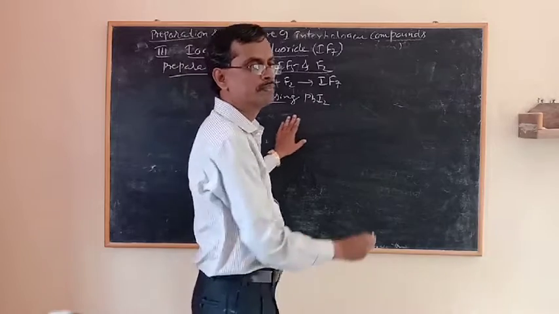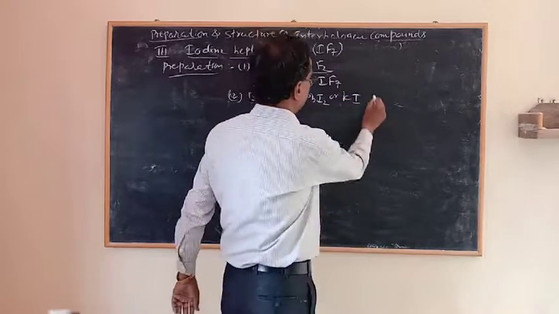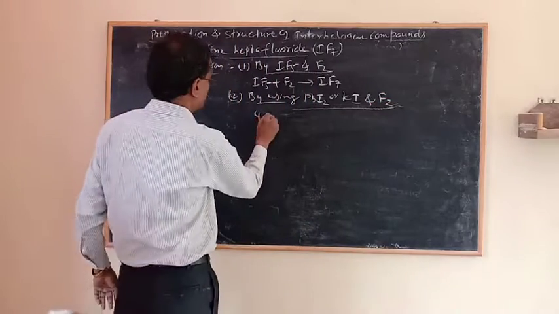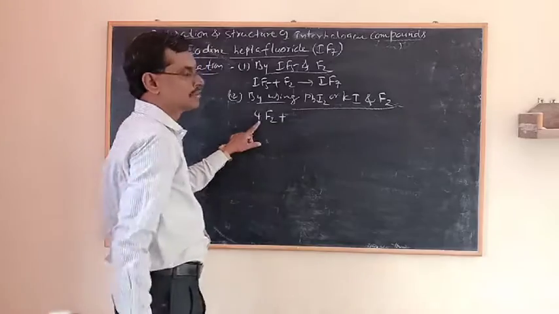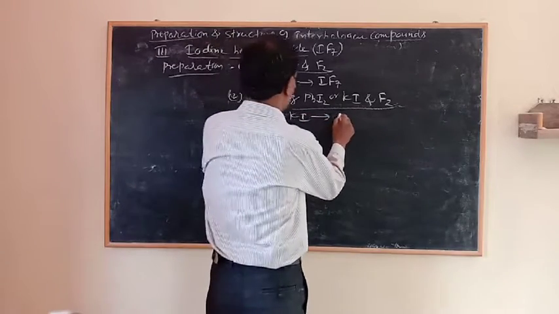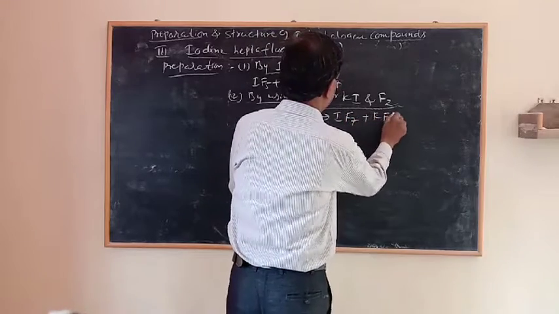In the second method, by using PbI2, KI and F2. Here 4F2 reacts with this KI to form this IF7 plus KF.